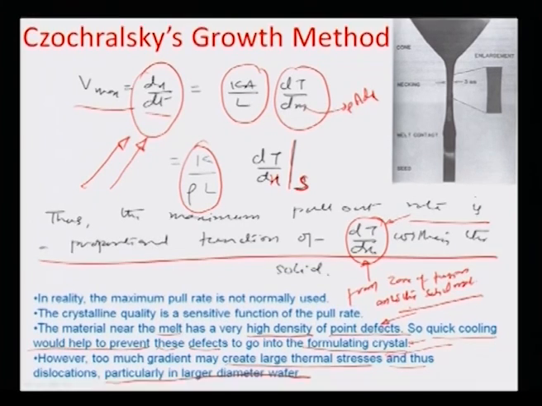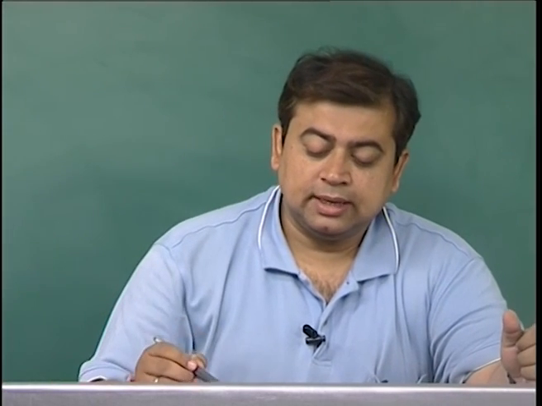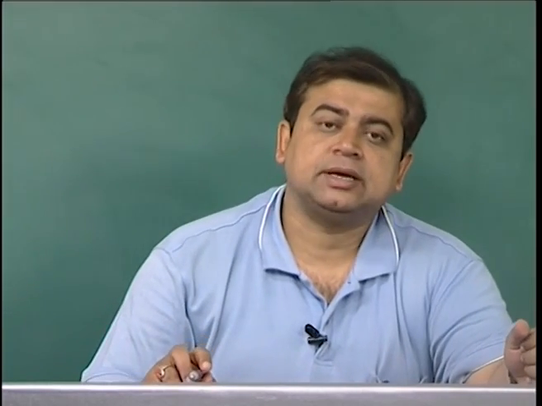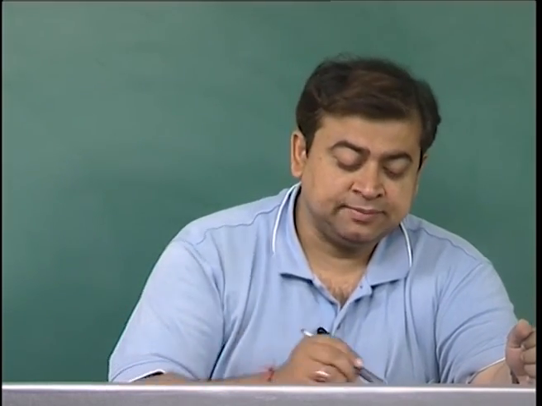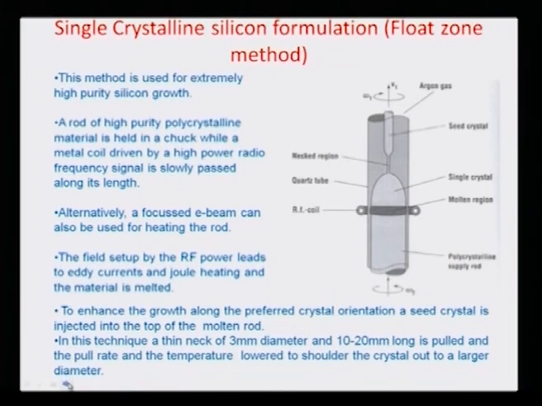So that's how the Czochralski growth process works. The other method which is of some prominence is the float zone method, which is another very important method for realizing single crystalline silicon. It is basically used for extremely high purity silicon growth.